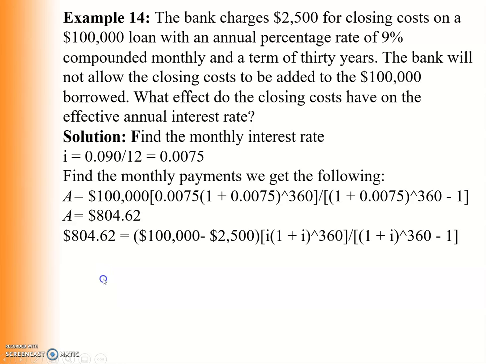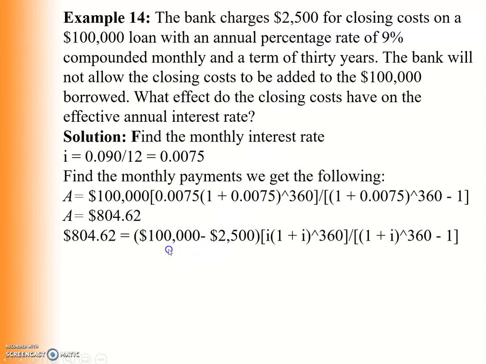In this case, you can see that the bank charges $2,500. What is the meaning of that? The meaning is that the net amount the borrower will get will be $100,000 minus $2,500.